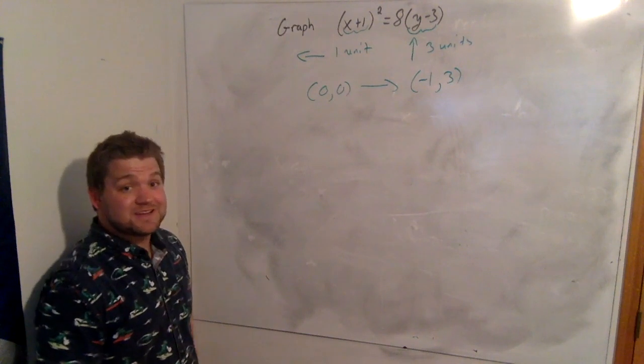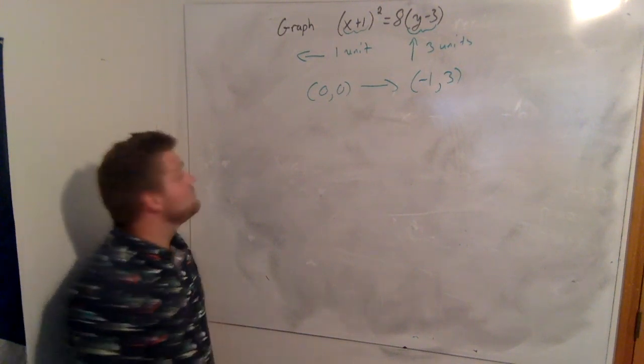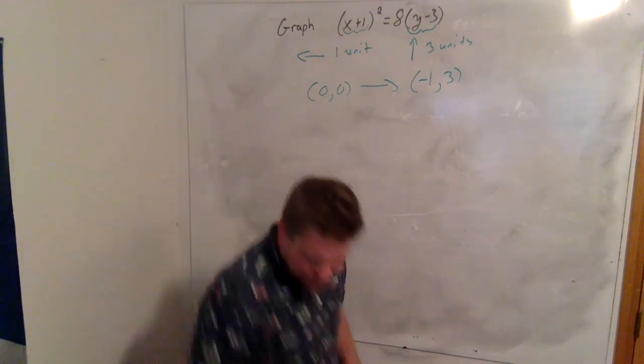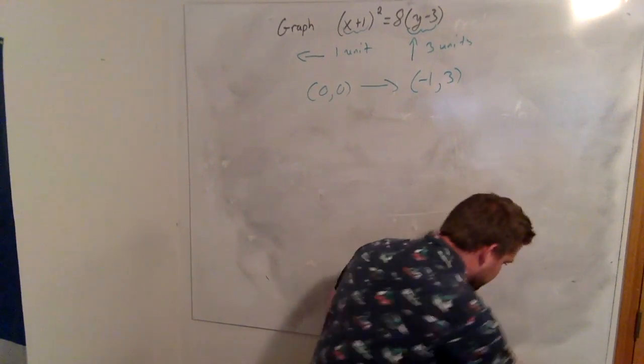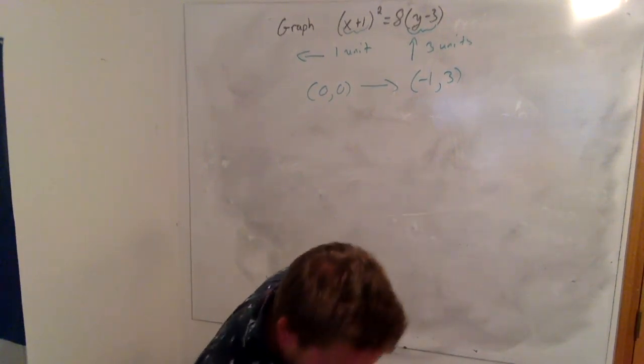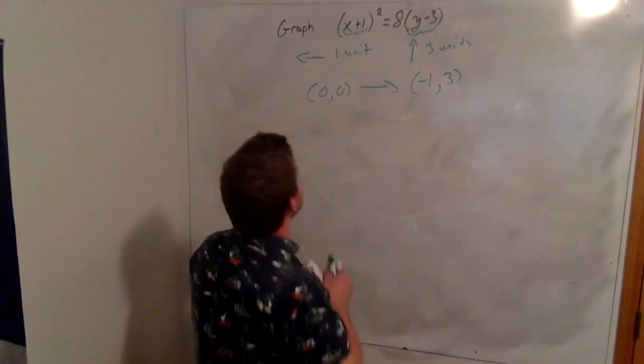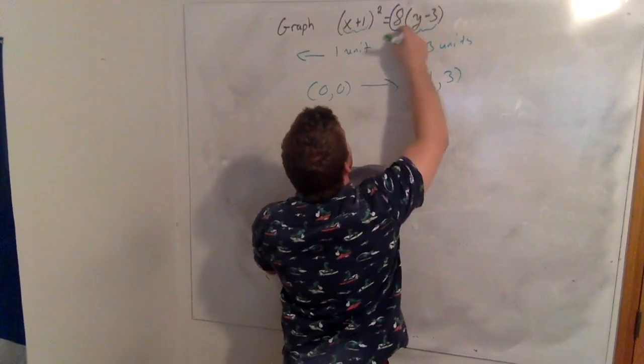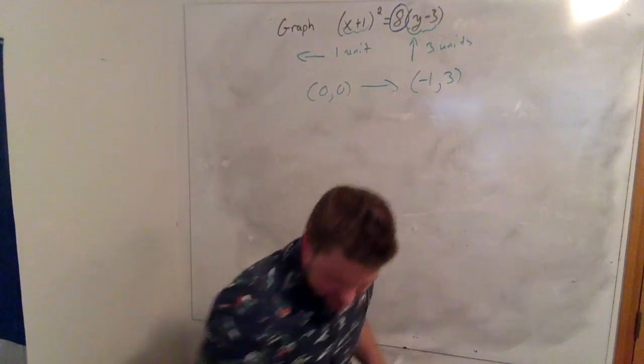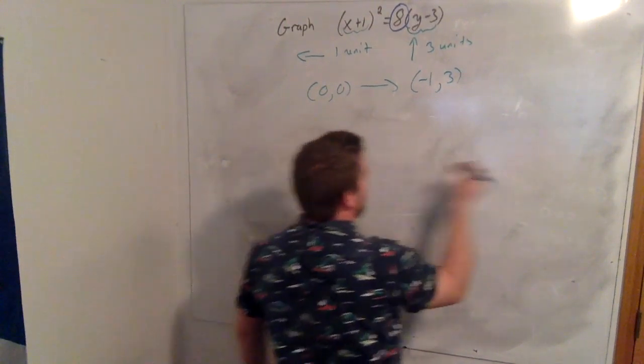Now, the other thing we need to think about is, what is the p-value? We can still get our p-value from this number multiplied out front. So maybe I should write down the general equation of a shifted parabola.